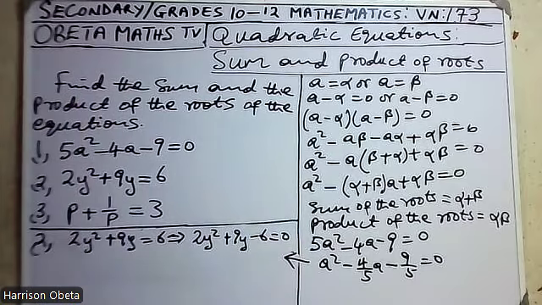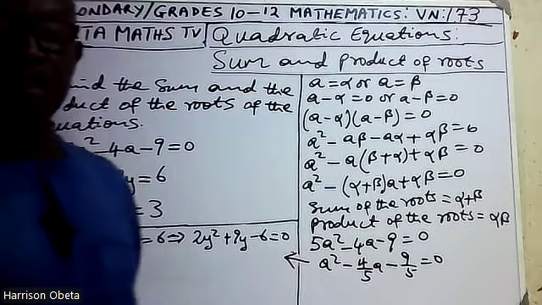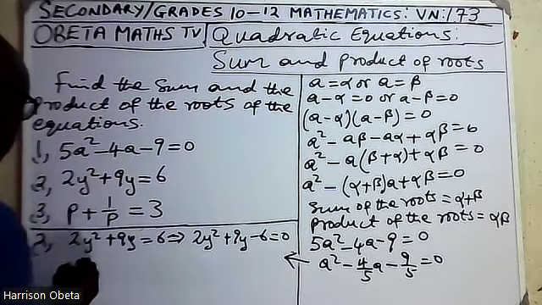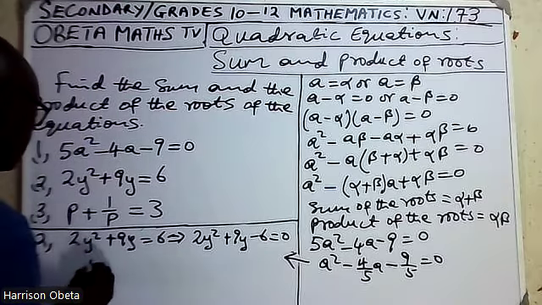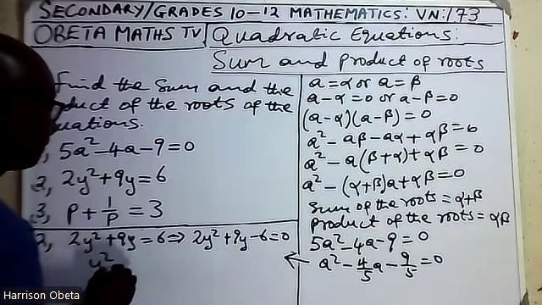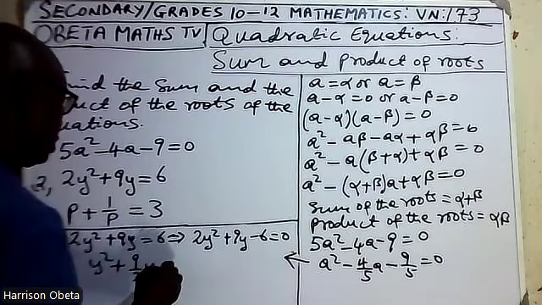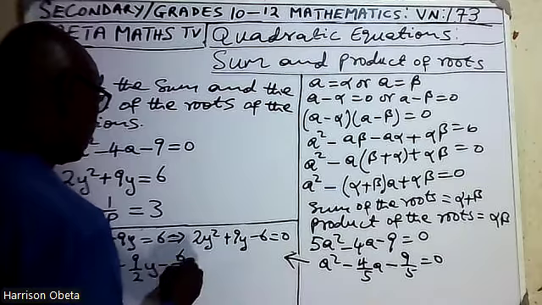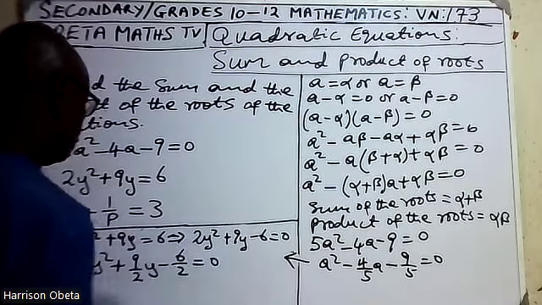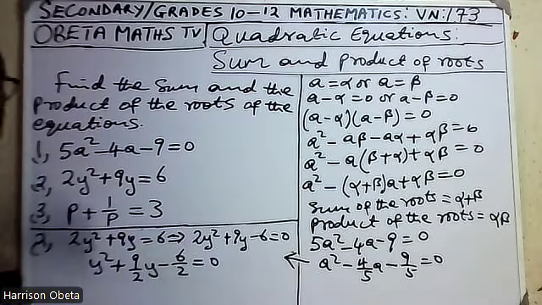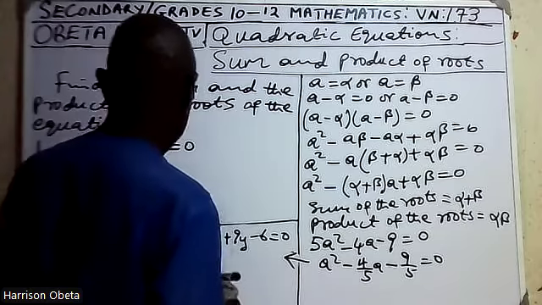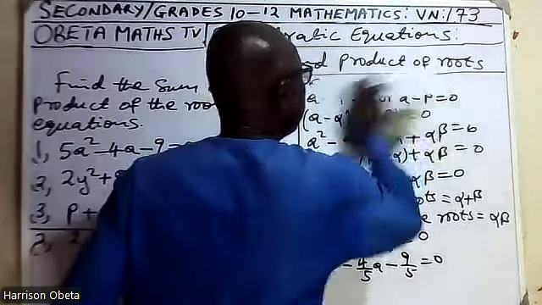And then dividing through by 2, we have y squared plus 9/2y minus 6/2 equal to 0.